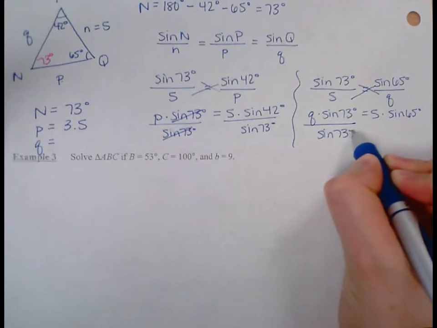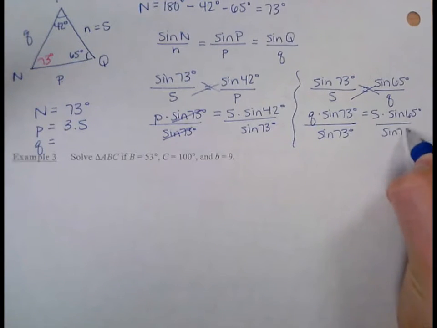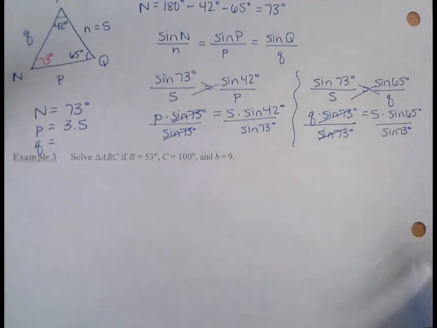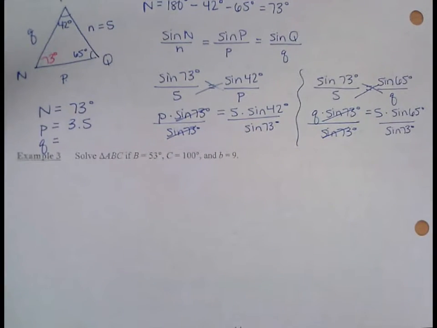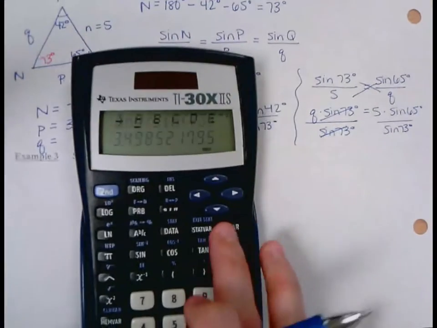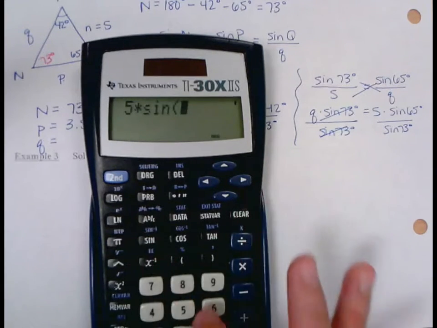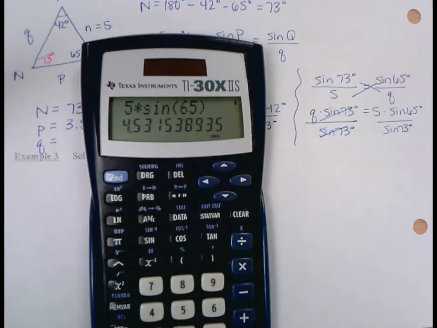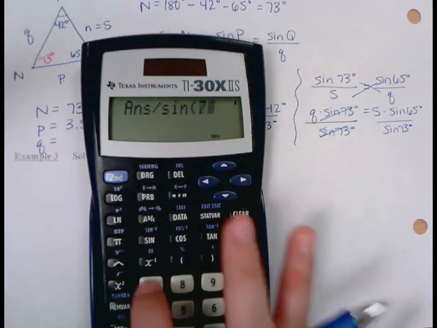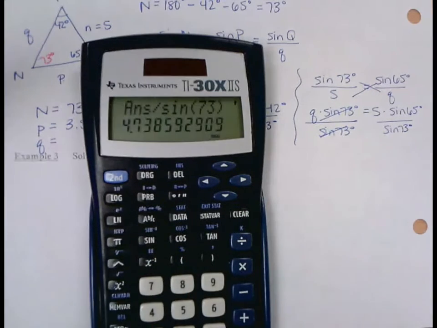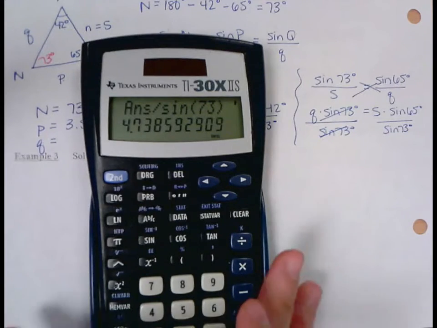Divide by sine of 73. So 5 times sine of 65, enter, divided by sine of 73. To the nearest tenth, that's about 4.7.